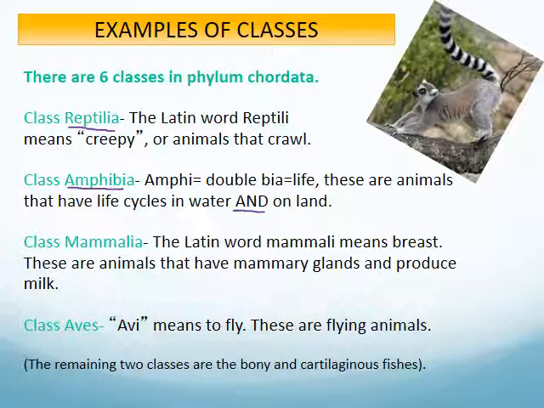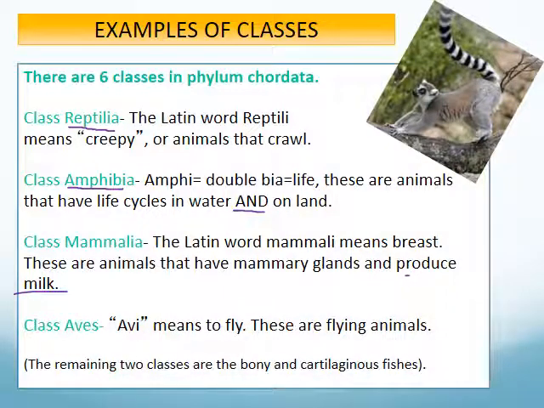So these animals have mammary glands and they produce milk. Okay, and class Aves. Ave means to fly. These are our flying animals. There are also 2 remaining that are for fish. And it is class Mammalia that the lemur belongs to.